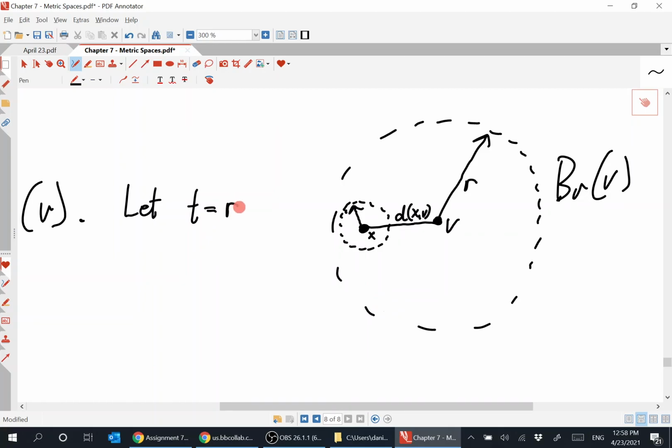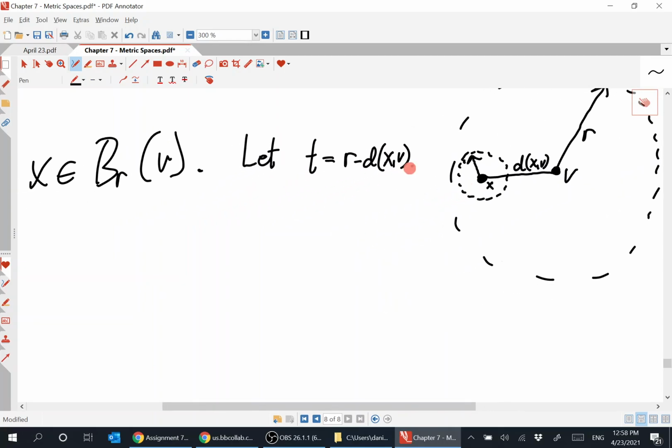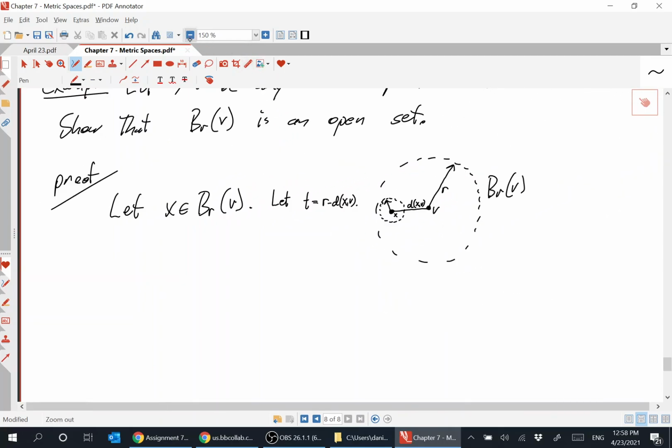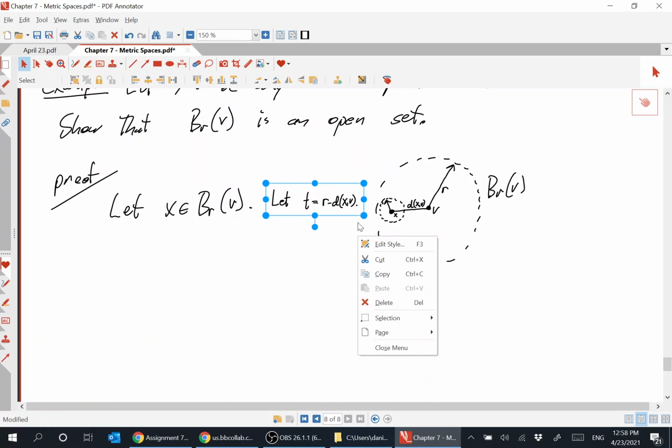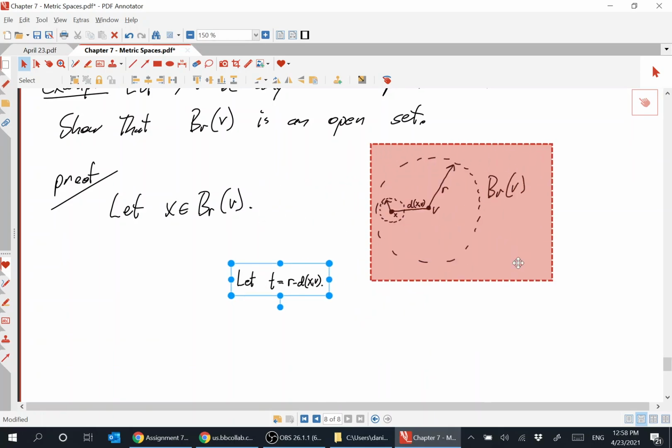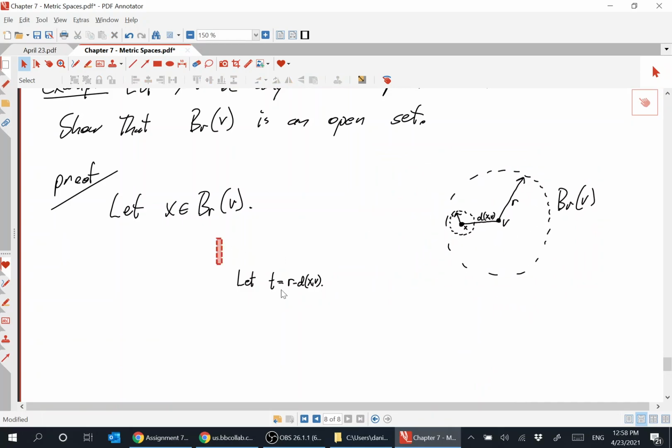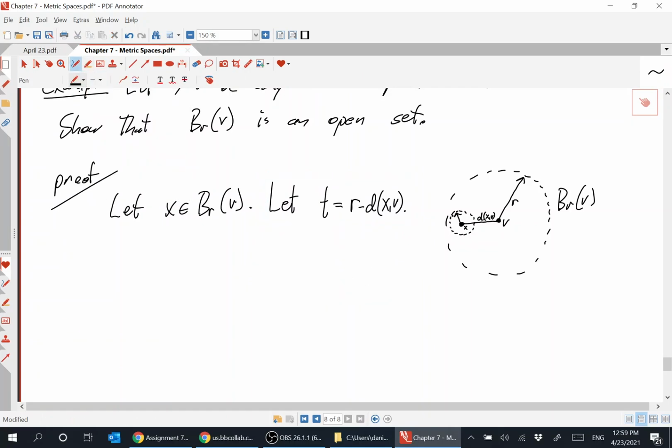Let t equal r minus the distance from x to v. So let t be r minus the distance from x to v.